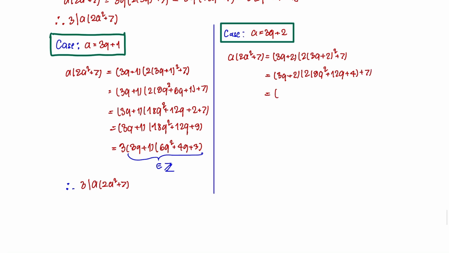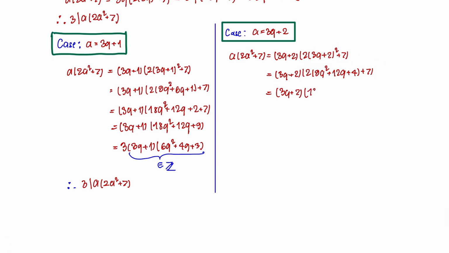Okay, what can we do next? We try to simplify this term. So we have 18q squared plus 24q plus 8 plus 7. We add all the terms. So we have (3q plus 2) times (18q squared plus 24q plus 15). As we can see, from this term right here, we can factor out 3.